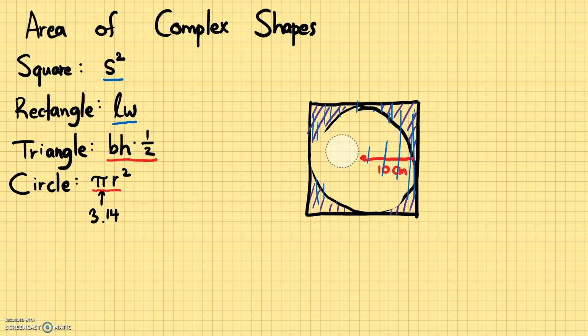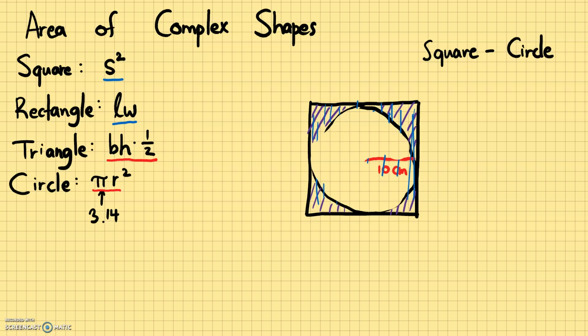If you subtract the circle portion, that is going to give you the area of the purple part, this leftover part. So we'll have to do the area of the square minus the circle for this one.